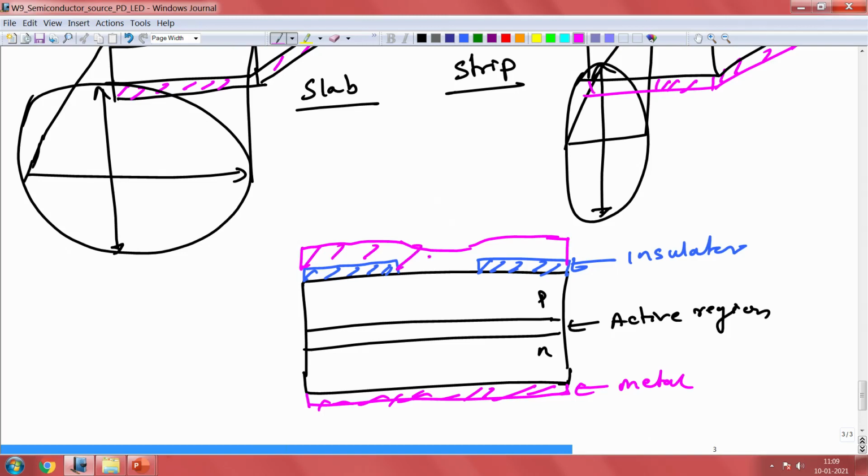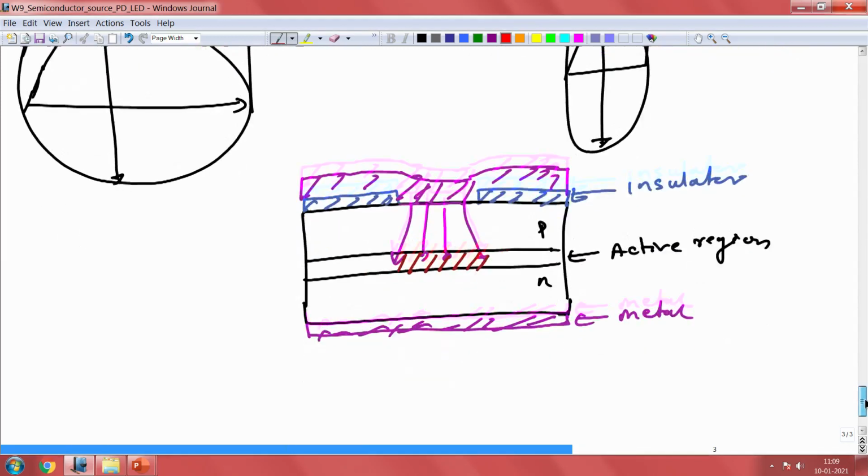Now, since we have metal on top of the insulator, we are not going to have any current going through this, because you have an insulator here. In this junction, we have a perfect contact. So your charge is going to move this way. By doing this, you are only energizing this region, that means you are injecting only in this region. So your emission will be only in this particular region.